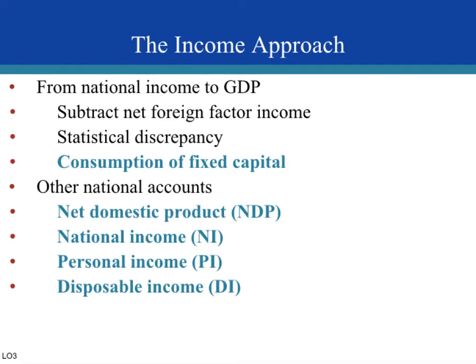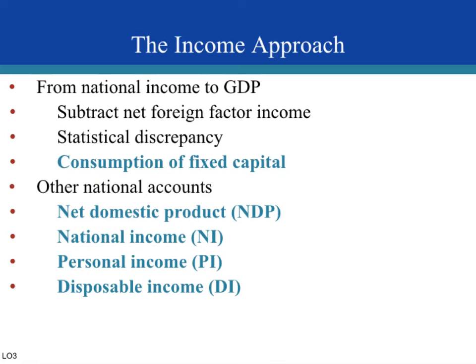Statistical discrepancy. As we know, the expenditure approach and the income approach must equal each other, but it's impossible to get it perfect to the last dollar. So we adjust using statistical discrepancy. For example, in 2012, the discrepancy was 17 billion, which sounds like a lot, but it was actually less than 0.5% of GDP. And that helped equalize the two numbers.